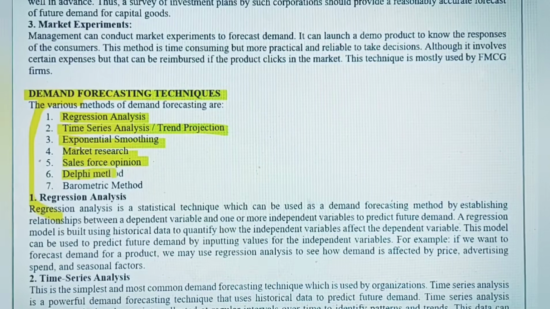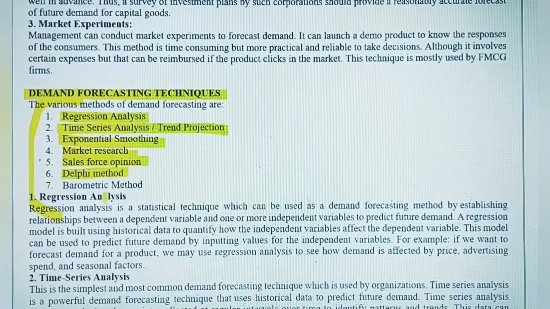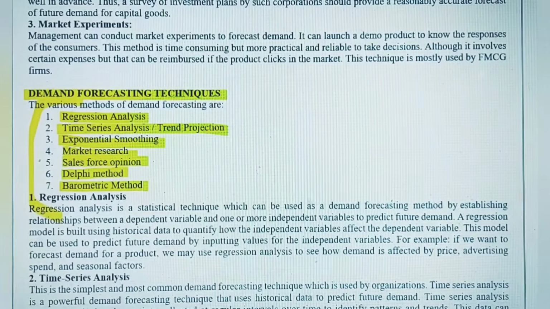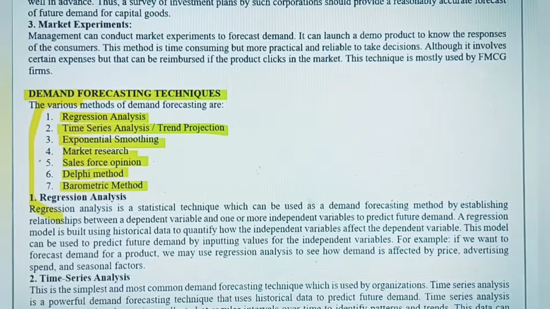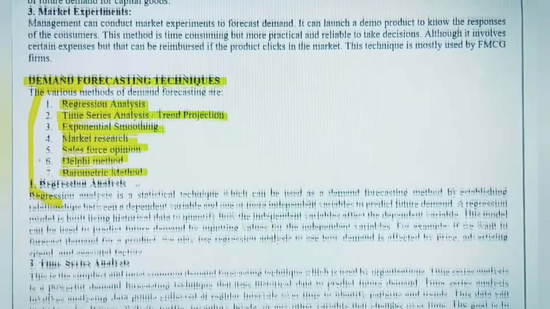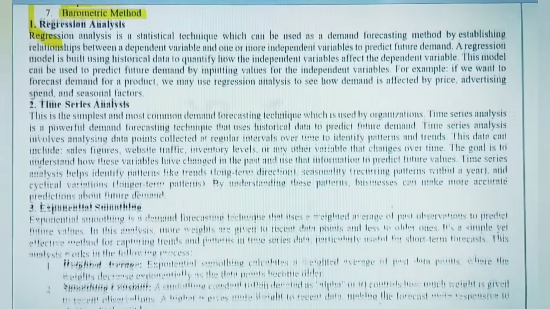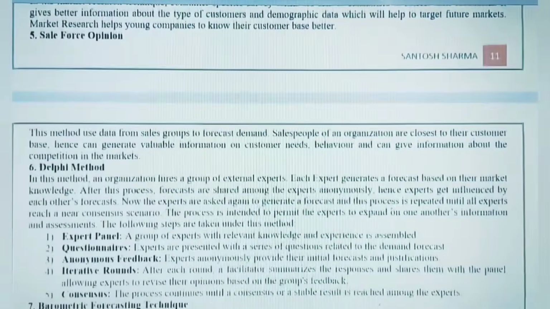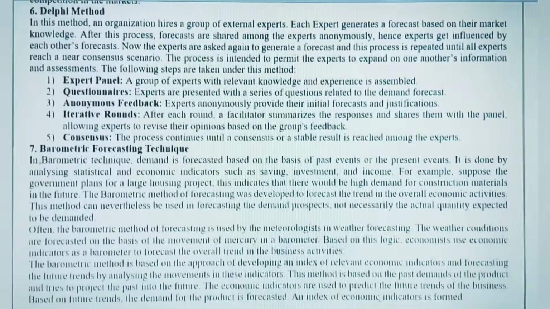We can use the Delphi method, I mean taking the opinions of the experts, and one more, the barometric method. So these 7 demand forecasting techniques are very, very important for your exams. Okay, so briefly expand them, give examples.